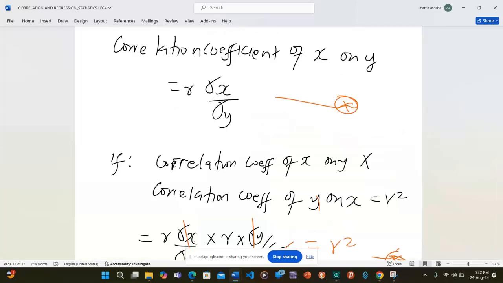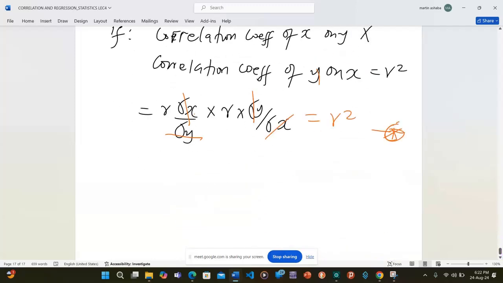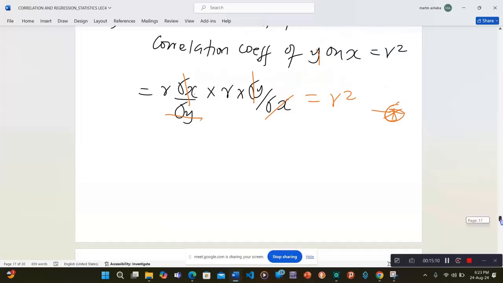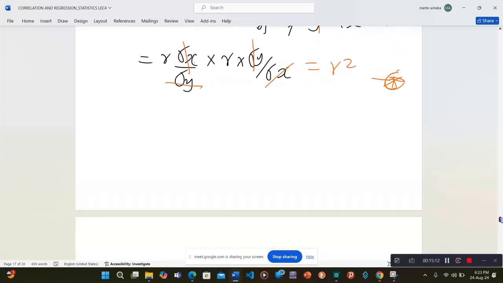Okay. We express our equations in the style I'm telling you. Now we have 8x minus 10y equal to negative 66.